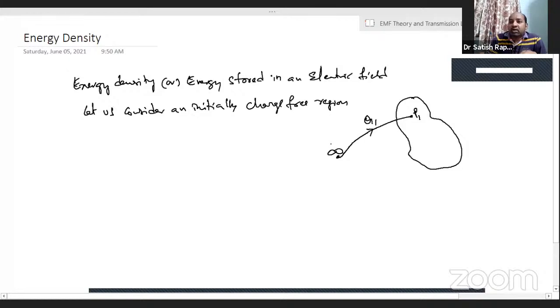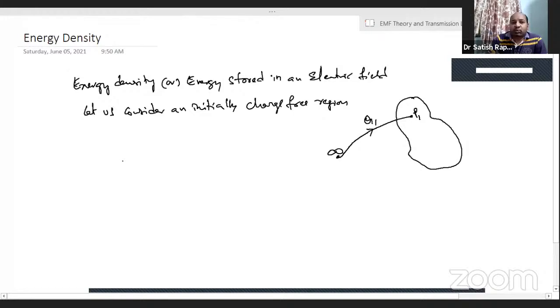Here I will move a number of point charges. So if Q1 is moved from infinity to point P, what is the work done?